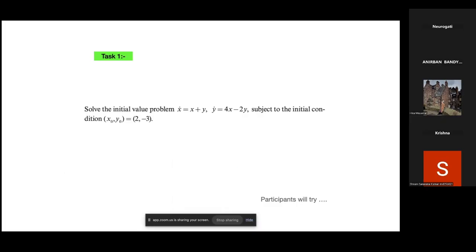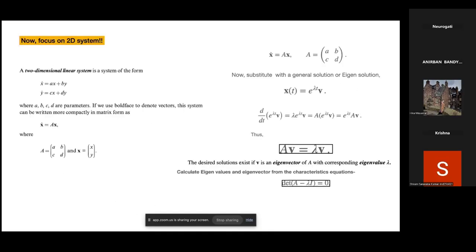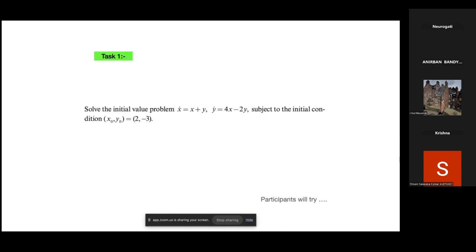If you have any questions, you can switch on the mic and ask me. Look at the coefficients of the differential equations, what is multiplied with x and y each time. See here, it is a, b, c, d. So a and b will be 1, and c and d will be 4 and minus 2.